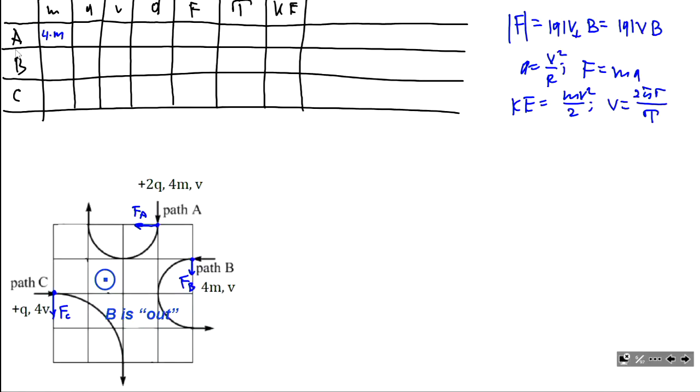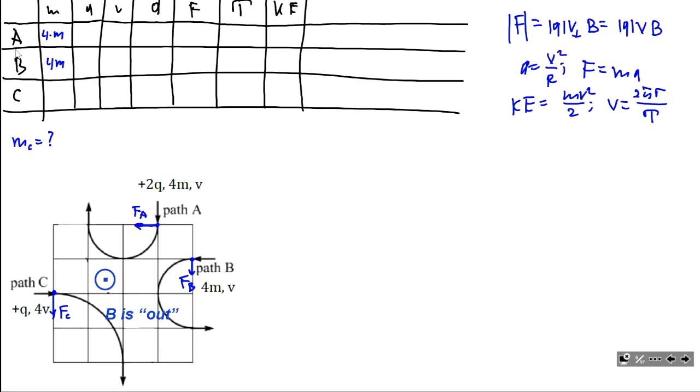Could have been kilograms, could have been tons, could have been milligrams. So this information only tells us how to relate the masses. For example, particle B has the same mass as particle A, but particle C has an unknown mass. So this is one of the variables we will have to figure out.